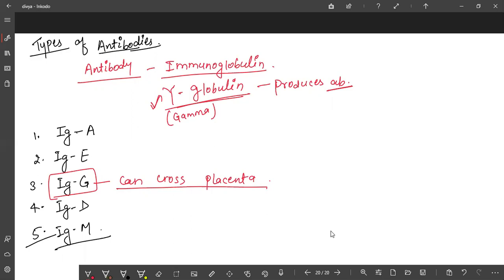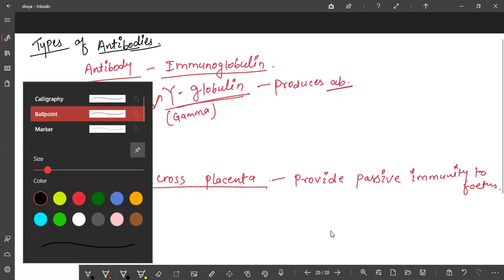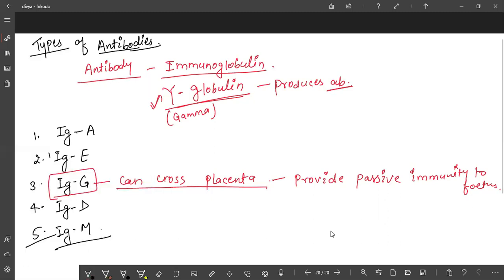Only IgG can cross the placenta, and it will provide passive immunity to the fetus. I will explain active immunity and passive immunity later.